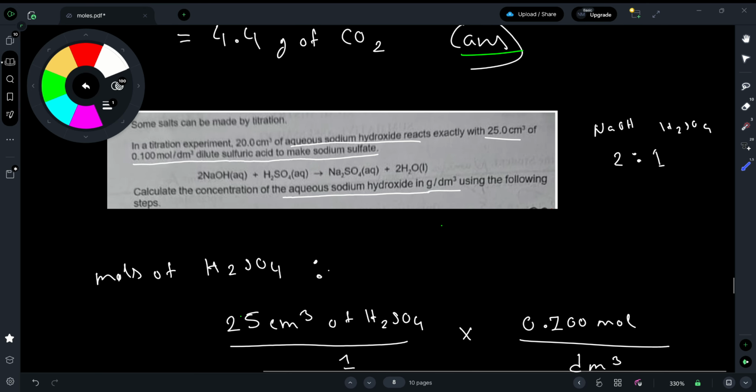So our ratio is 2 HCl to 1 CO2. Or you could write, for every 1 mole of CO2, you get 2 moles of HCl.